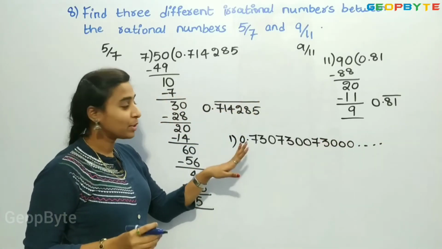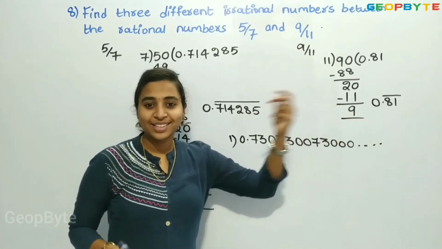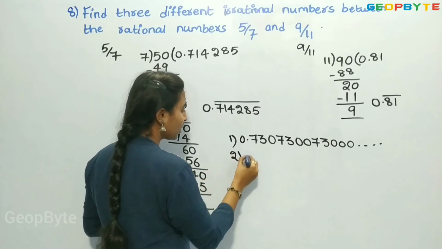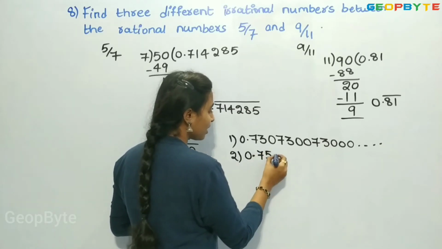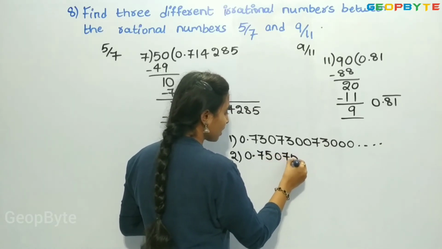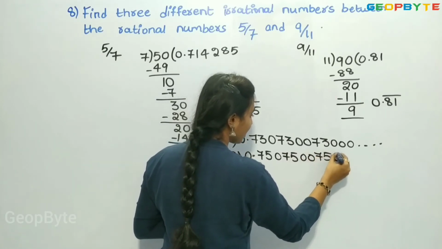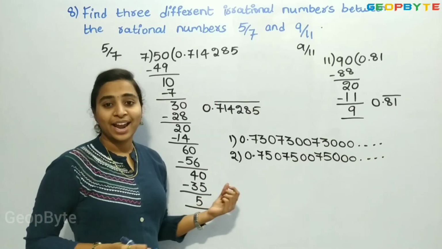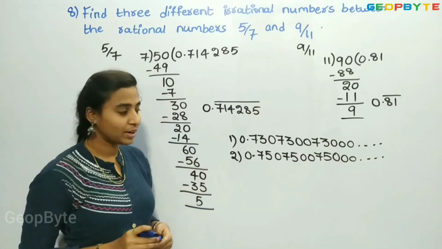This irrational number lies in between this decimal expansion and this decimal expansion. And one more can be 0.75, 0.7500, 0.75000 and so on. This is another irrational number between 5 by 7 and 9 by 11.